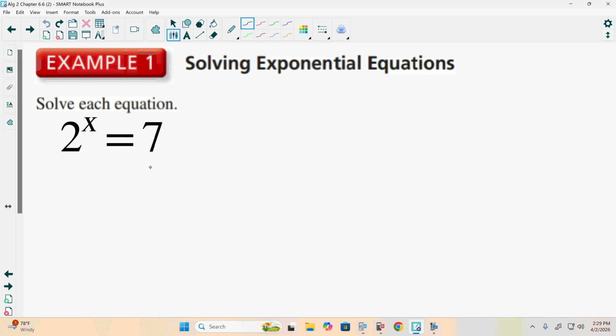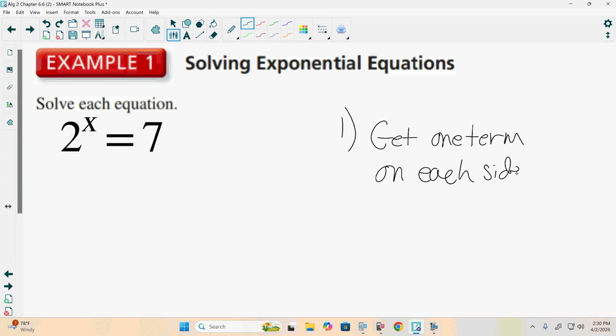Now, the first kind of main step with this is we want to get one term, and I'm using term loosely, on each side. Really, we want, in this case, the base with the variable and the exponent, so 2 to the x on one side, everything else on the other, as best as possible.